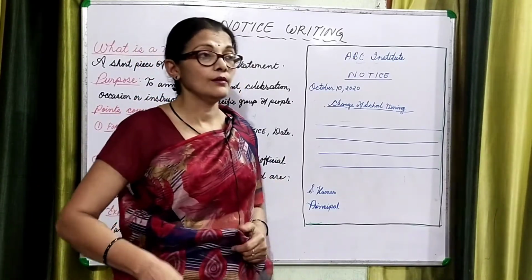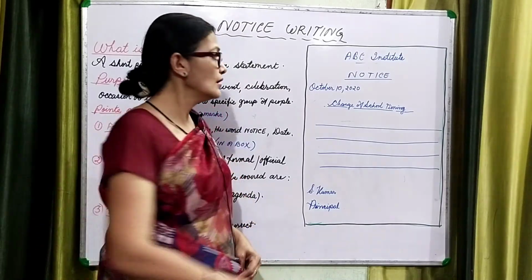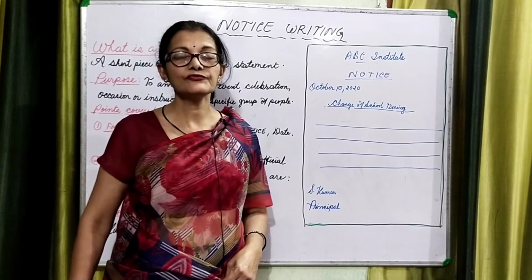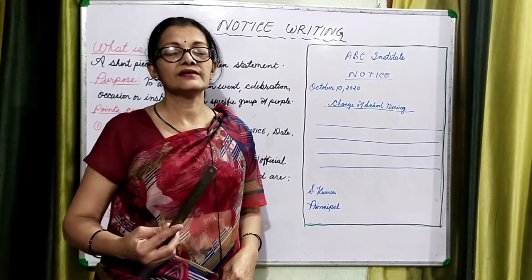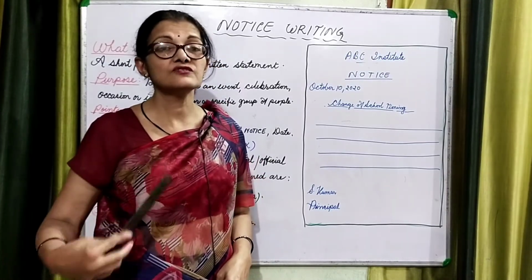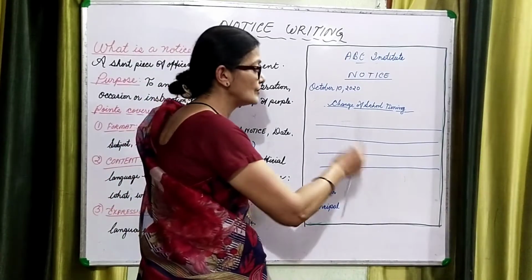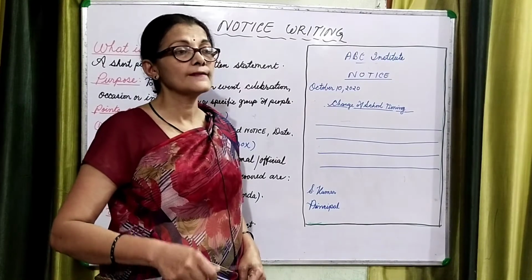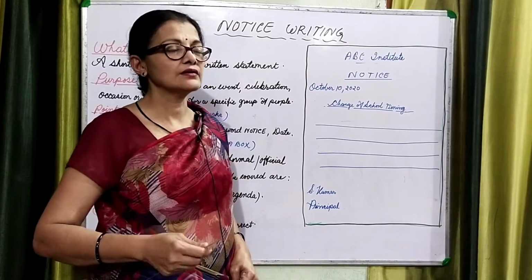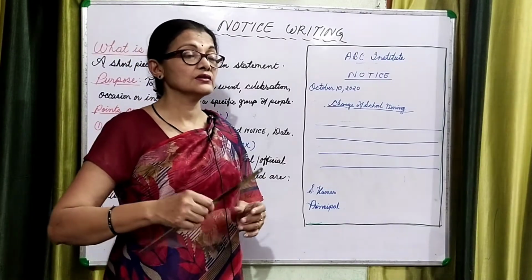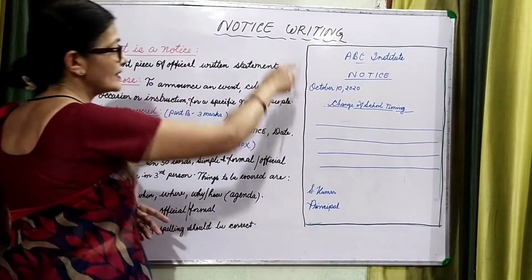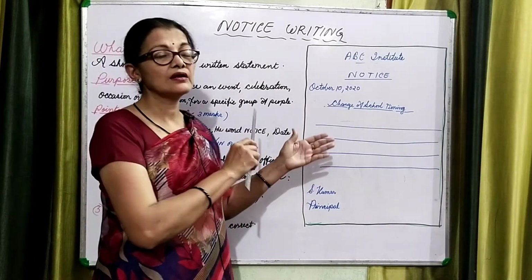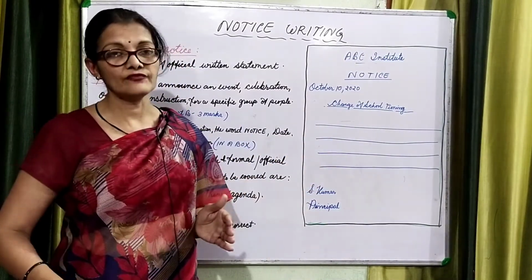Some children say, ma'am, if I write 1 full page, should that be enough? For that, I have no answer, because you have to assess yourself how many words you cover in each line. So whenever you are asked to write 30 to 40 words, or in this case 50 words, how many lines do you have to cover?